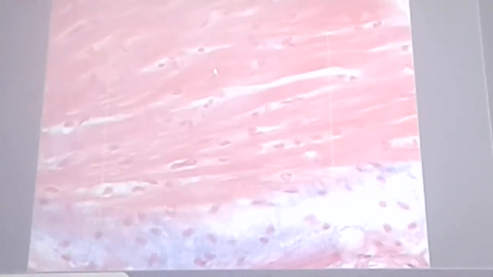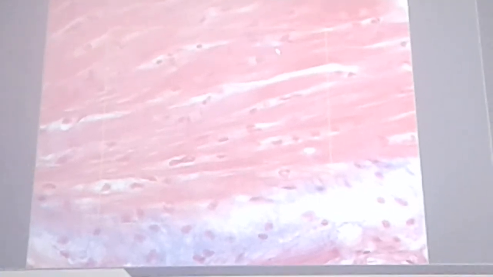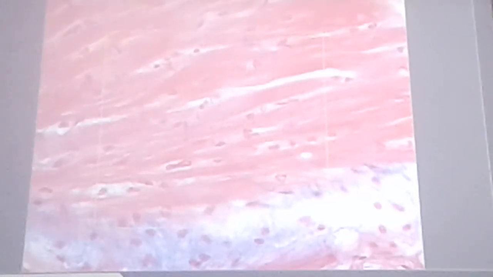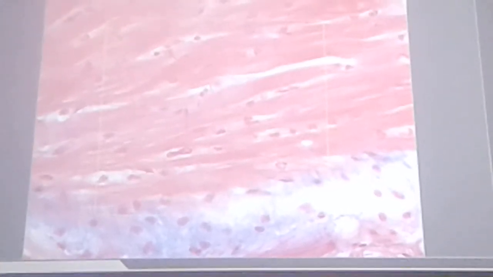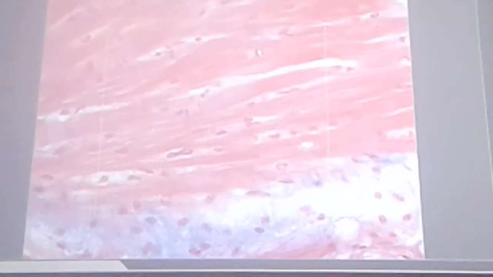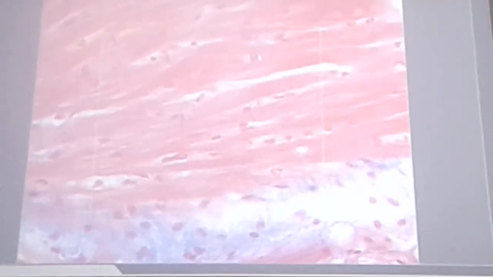It goes straight and then it branches into different branches. And the other specialty of cardiac muscle is their nuclei. The nucleus of the cardiac muscle cell is round, and it is generally found in the middle of the cardiac muscle cell. Okay?